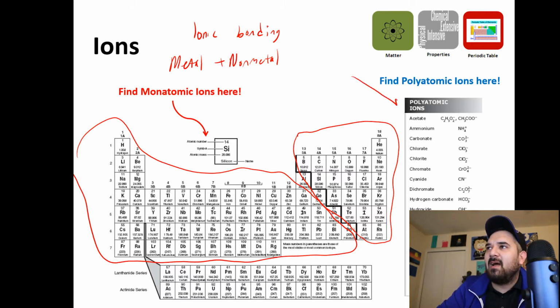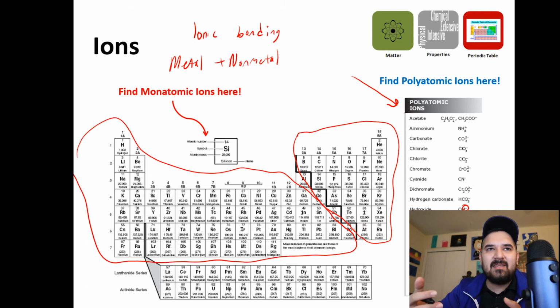Here are the polyatomic ions. So what makes them ions is they have a charge. As you can see, everything in this group has a plus or a minus charge on it. And they contain more than one element.